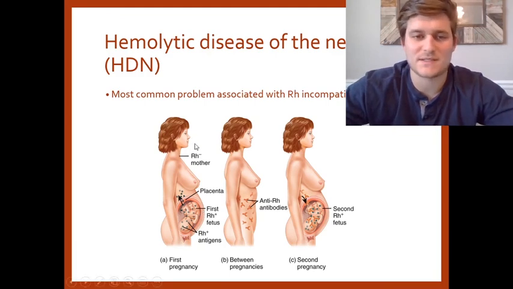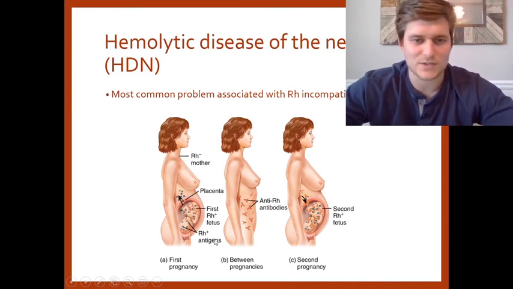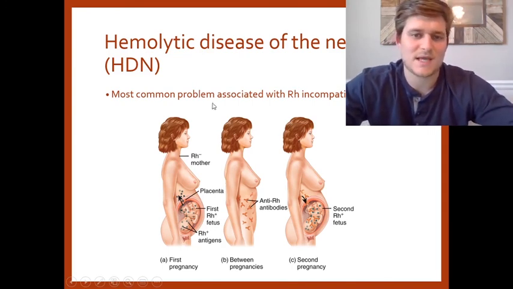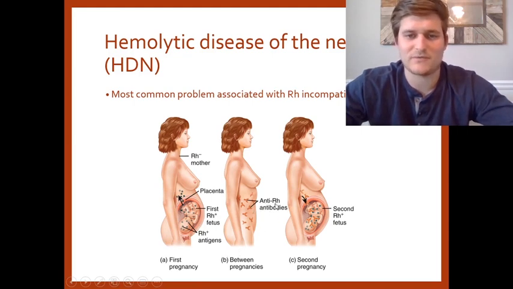What happens in this disease is that a rhesus negative mother is going to have a fetus with those rhesus antigens. And the mother is then going to produce anti-rhesus antibodies by her immune cells.